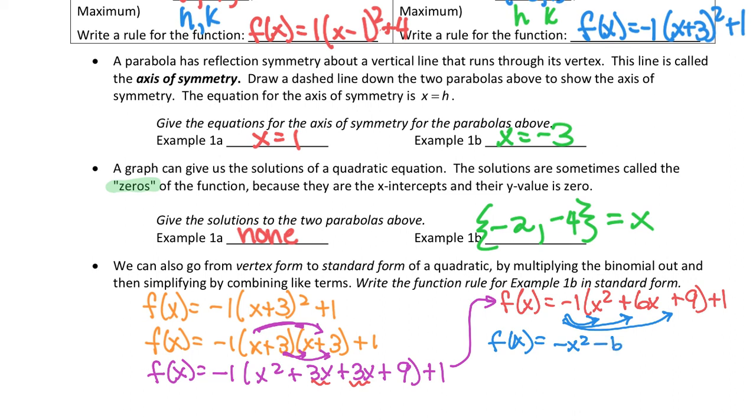So see, even I sometimes do those things. So negative 6x, and I've got a negative 9 plus 1. And there is one more step. I need to combine these two constants. When I do, my final answer is f of x equals negative x squared minus 6x minus 8.